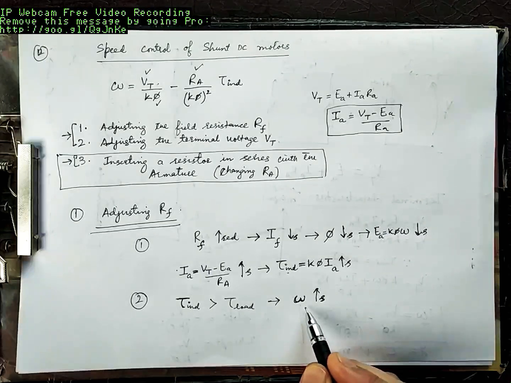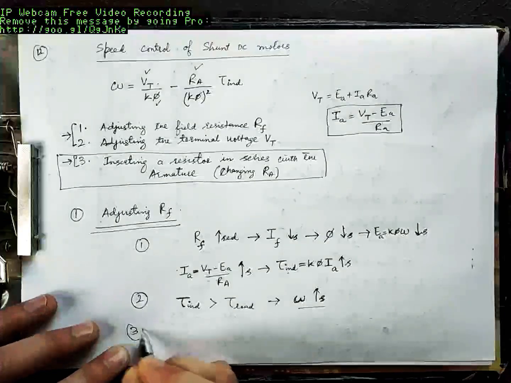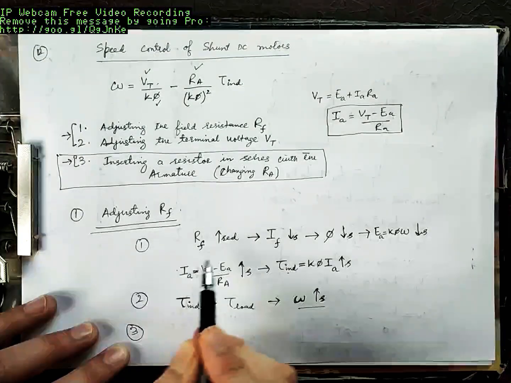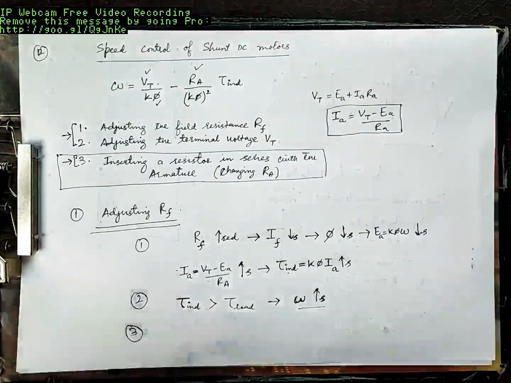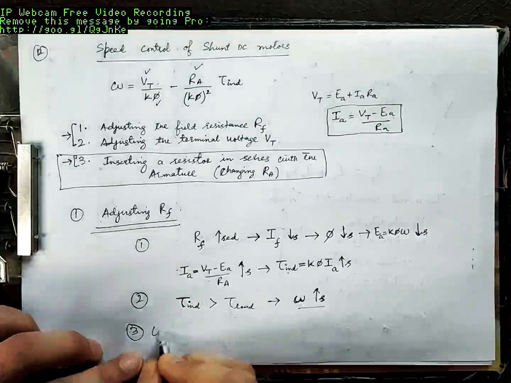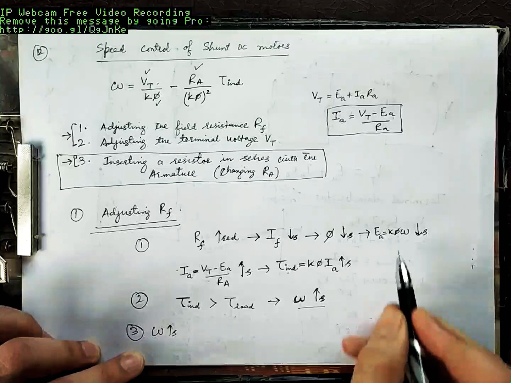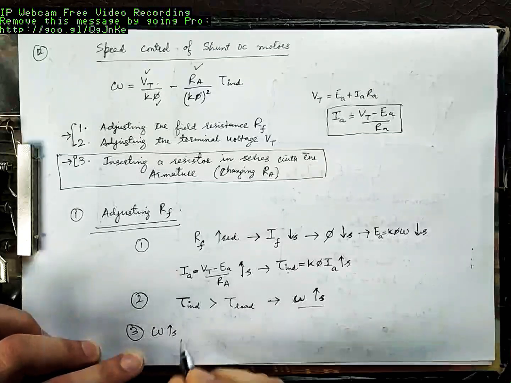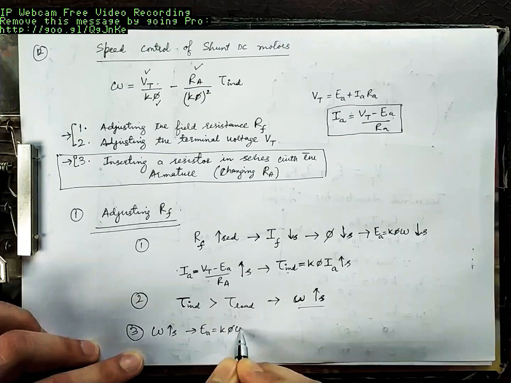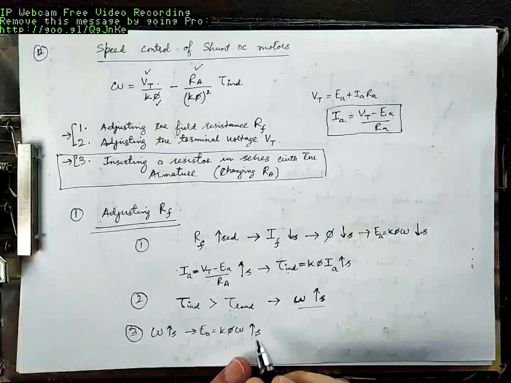Now when omega increases, this is what we wanted. We wanted to change the speed. That is, when you increase the RF, your omega increases. But how will this get balanced again? When omega increases, EA equal to K phi omega increases.